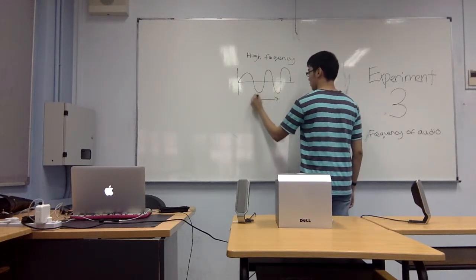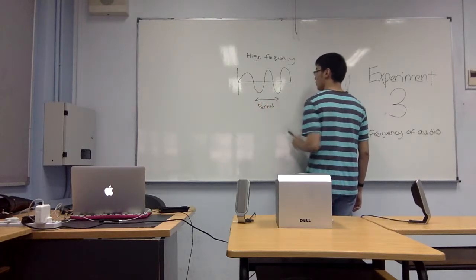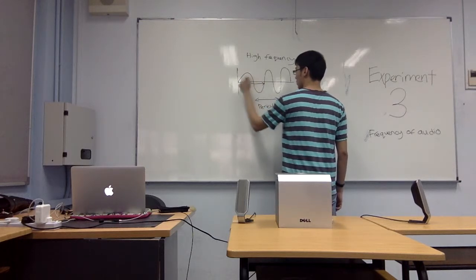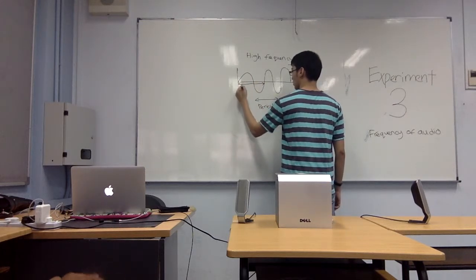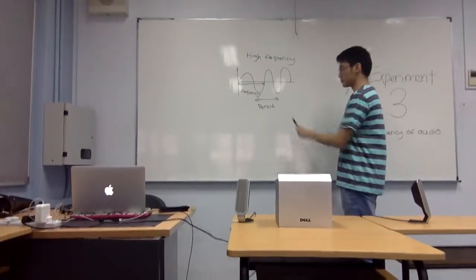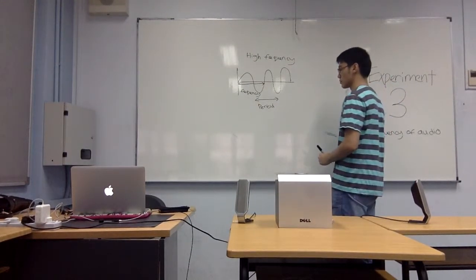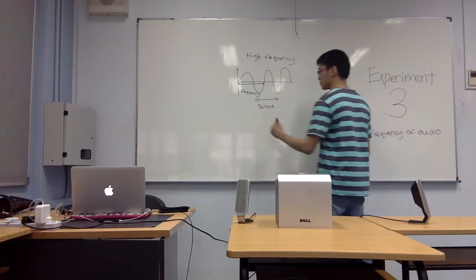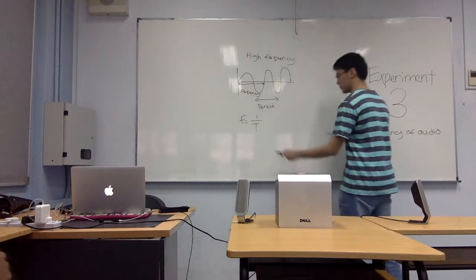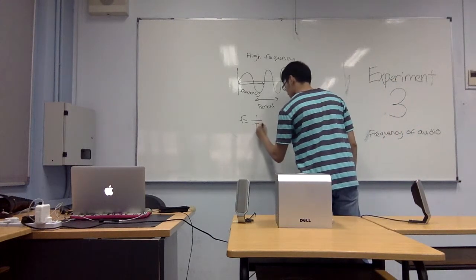As you can see, that's the period of the frequency, and we label it frequency. We know that the formula of frequency is F equals 1 over T. The shorter the period, the higher the frequency.